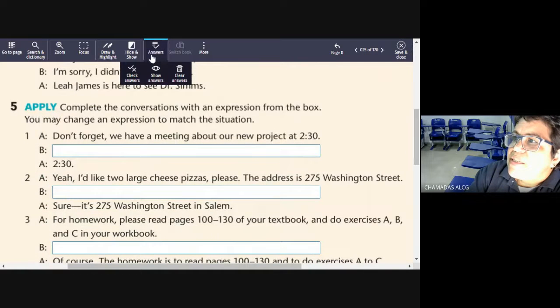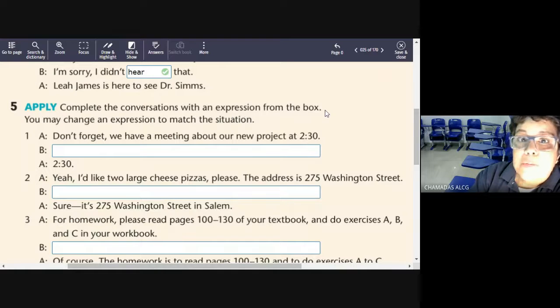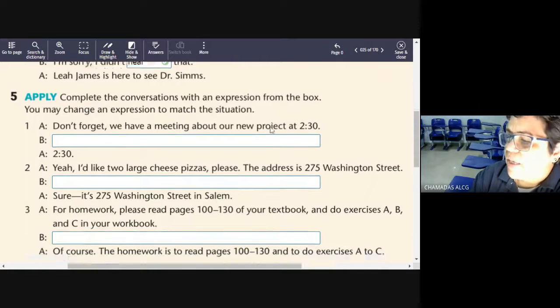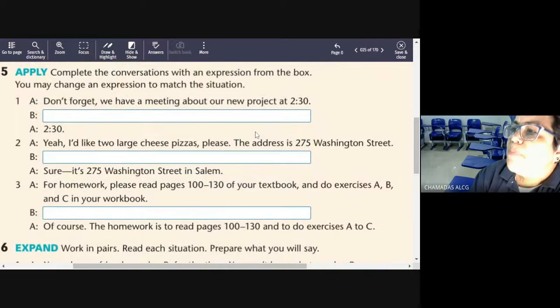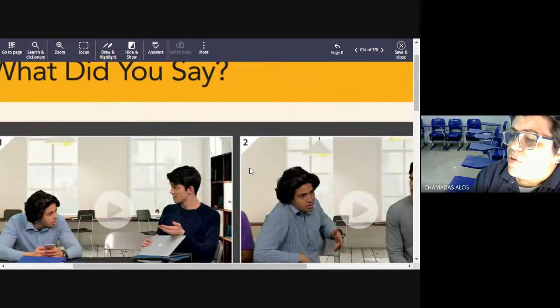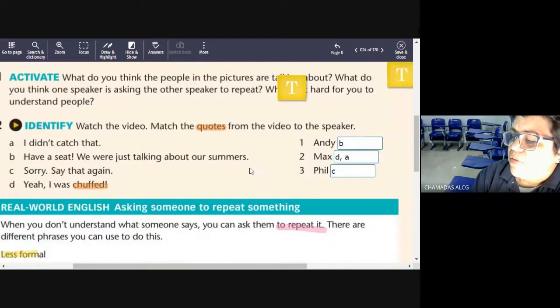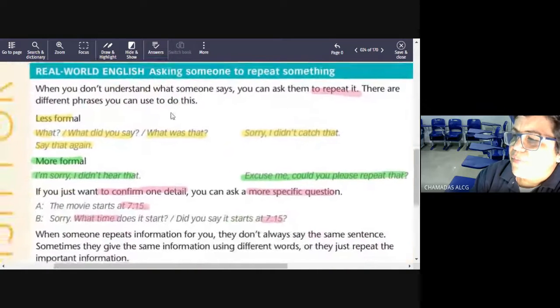Okay, now the second part, complete the conversations with an expression from the box. You may change an expression to match the situation, okay? So which box are they talking about? They're talking about this box here. Look, okay?